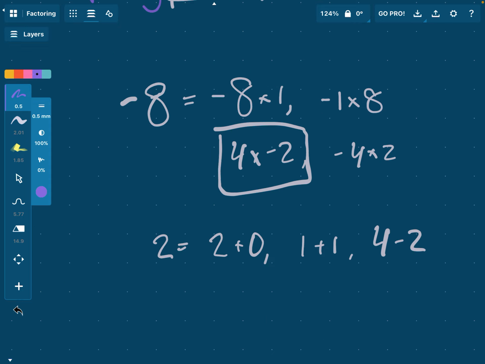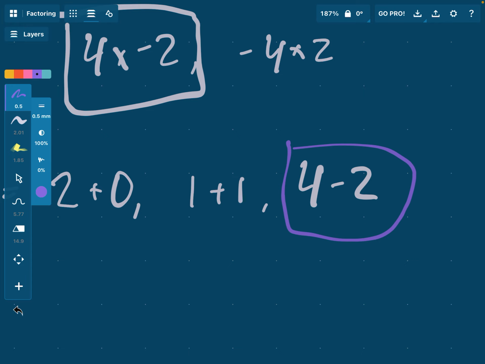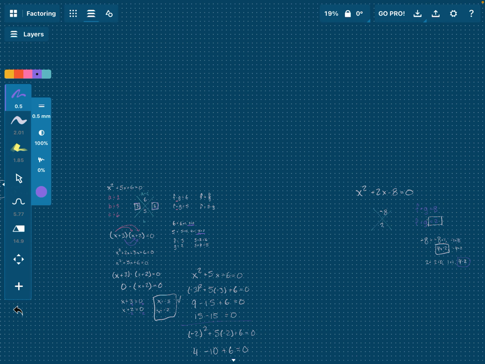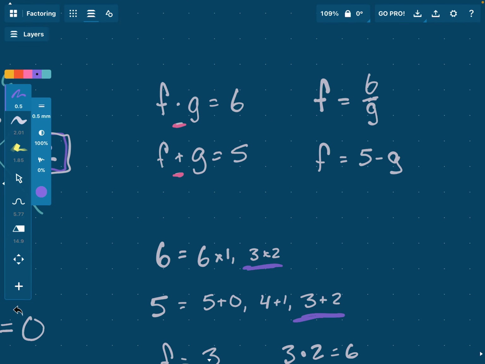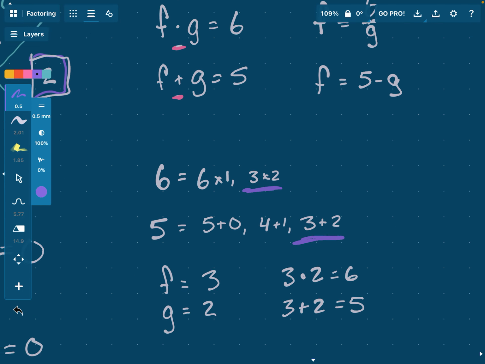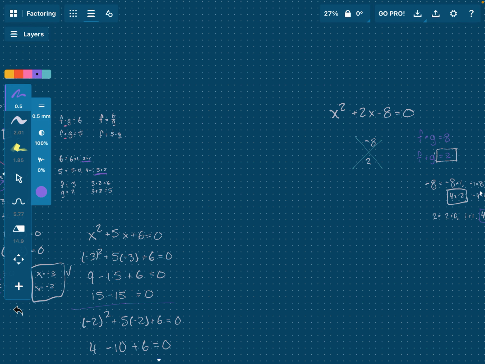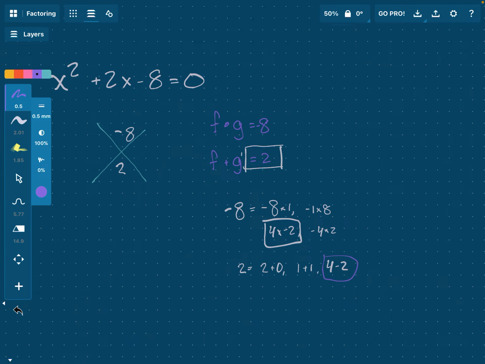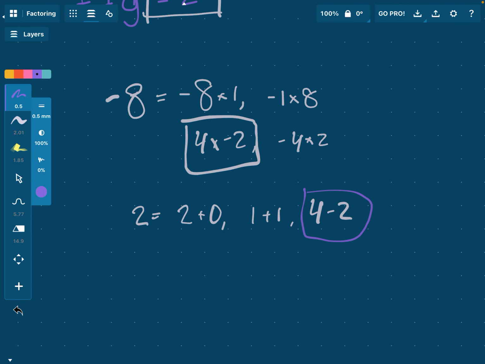So when we start having negative numbers, then we have to start going outside of the realm that we're normally used to when we only have two positive numbers. In the previous problem, we didn't need to do that because these were both positive, but since a times c is going to be negative 8, we need to include these negative numbers over here.